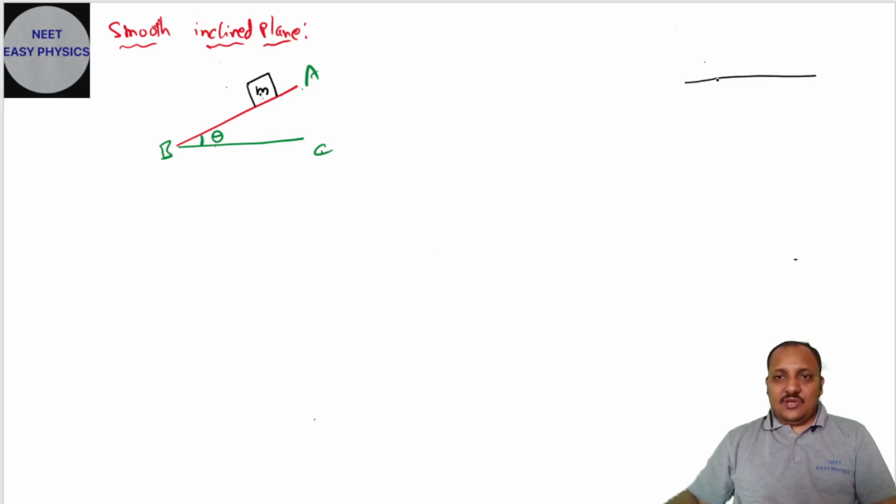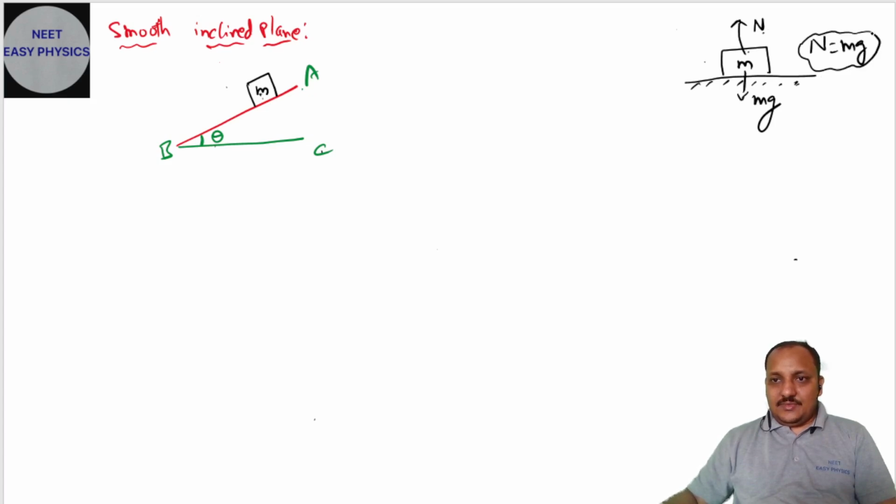We already came to know: if we place any object on a horizontal surface, its gravitational force will act downwards and the normal force will act upwards. Whenever the object is at rest, we already know N equals mg. So this is on a horizontal surface.